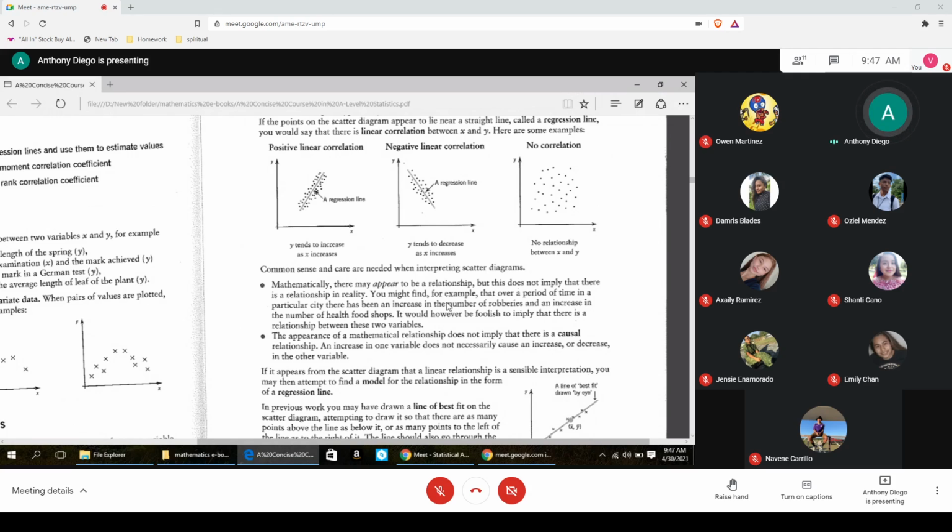You might find, for example, that over a period of time in a particular city, there has been an increase in the number of robberies and an increase in the number of health food shops. Now, if you notice, the robberies have nothing to do with the number of health food shops. They are two different entities. So it's saying here it would, however, be foolish to imply that there is a relationship between these two variables.